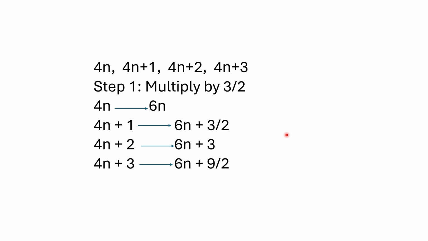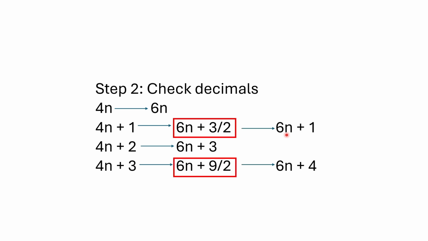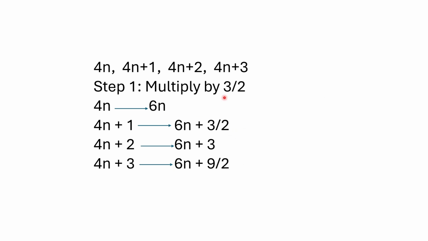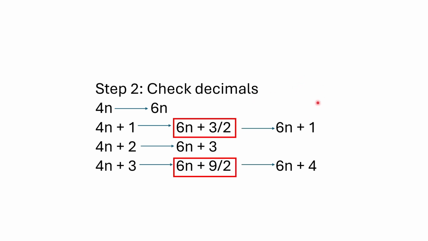Now let's see step 2. So we need to check the decimals, right? In step 1, we multiplied it by 3 divided by 2. In step 2, we check for the decimals. So in here, we don't have any decimals because n is an integer, and 6 multiplied by an integer is also an integer.